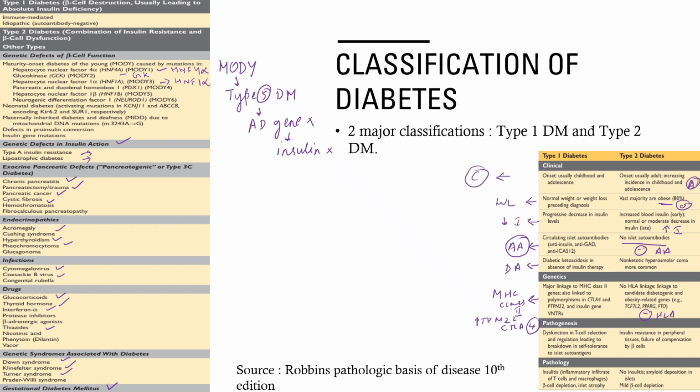Pathogenesis, there is usually dysfunction in the T cell selection. And here there is insulin resistance in the peripheral tissues. More on type 1 and type 2 diabetes mellitus will be discussed in the forthcoming slides.